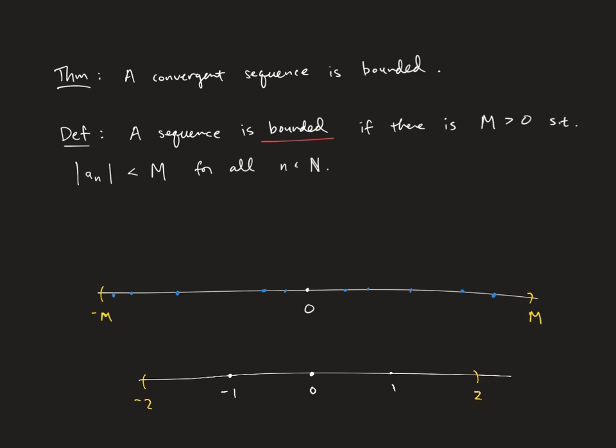So we have 2 and negative 2. We had this sequence which was just bouncing back and forth between 1, negative 1, 1, negative 1. That's clearly bounded, but we saw last time that it is not convergent. So just because a sequence is bounded doesn't mean it's convergent, but our theorem says that a convergent sequence is bounded.